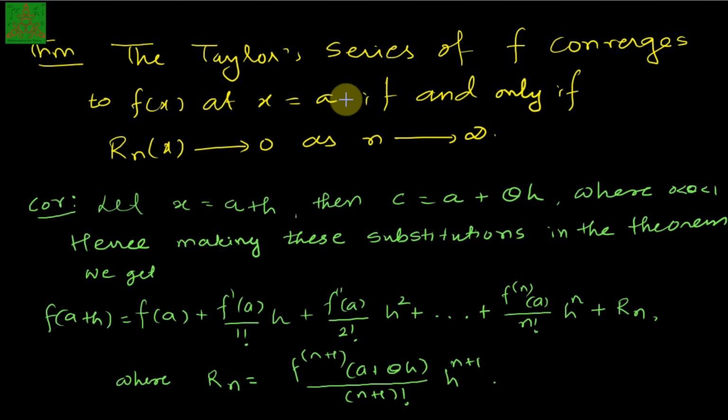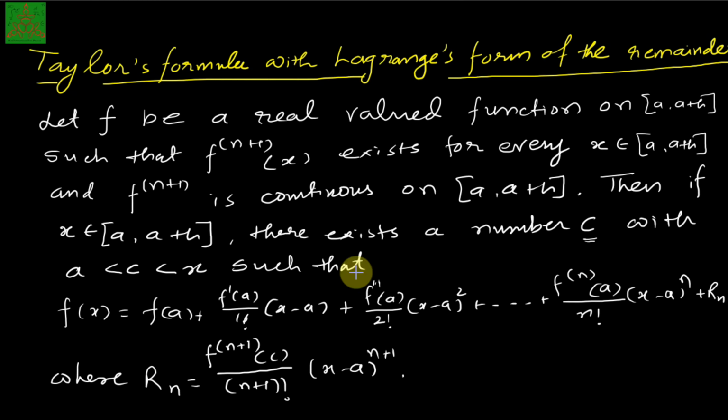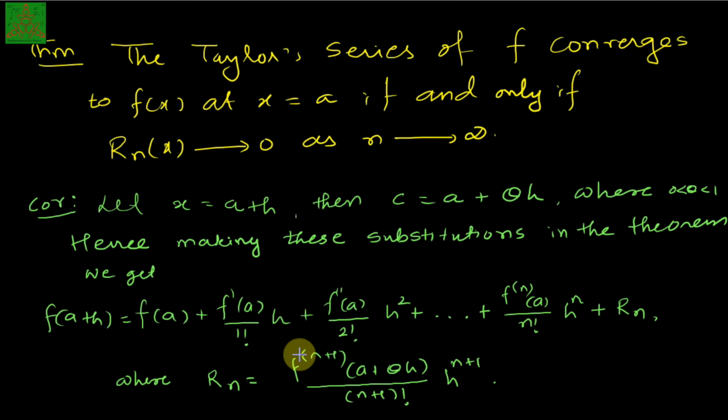Then the previous formula is changed to this one, where we have written f of a plus h equals f of a, plus f dash of a upon 1 factorial into h, plus f double dash of a upon 2 factorial into h square, and so on.